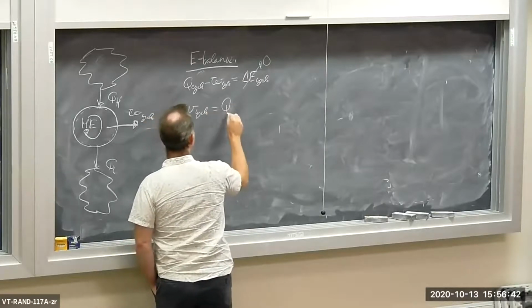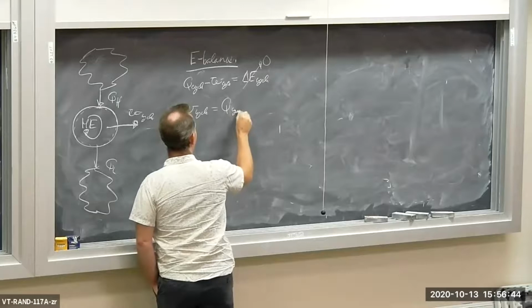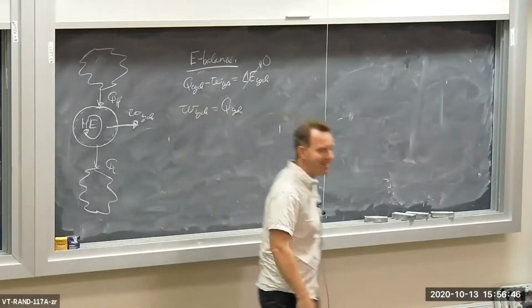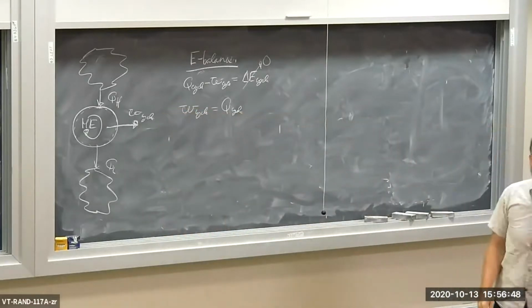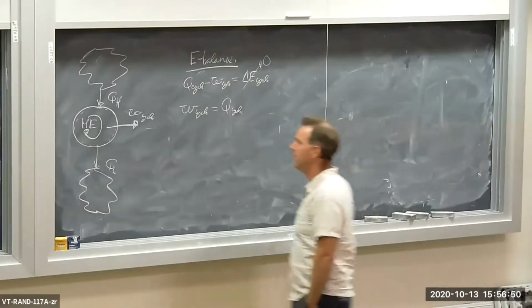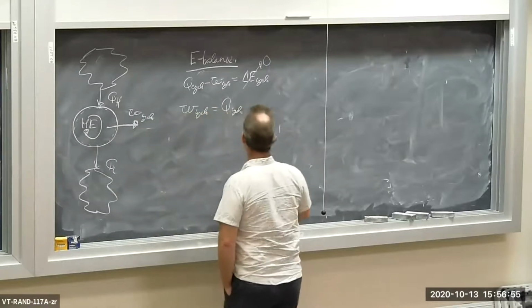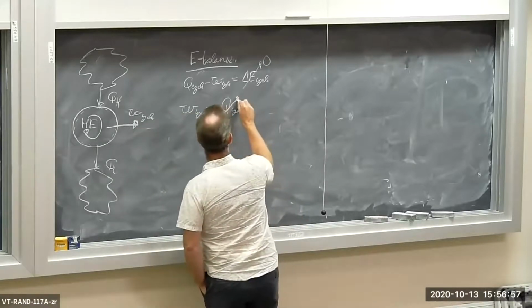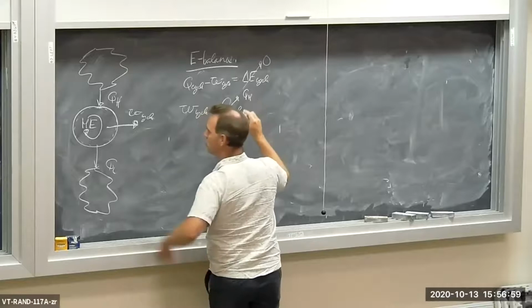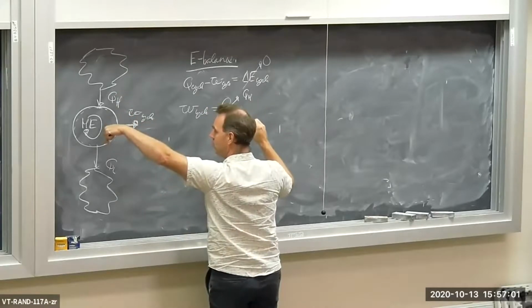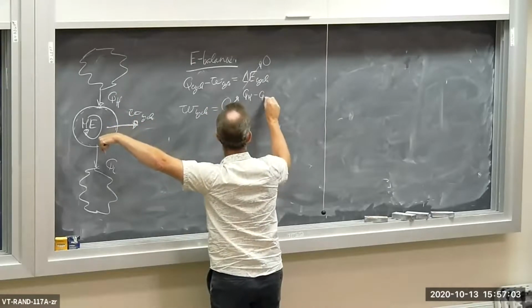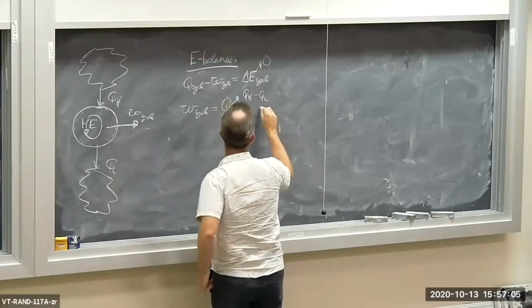So what that says is that the work produced by the cyclic device is equal to the heat added over the cycle. This is a net heat or total heat added over the cycle. Now, heat is brought in and then rejected. So Q cycle is actually Q high, which is being added to the system, minus QL, which is being rejected by the system.